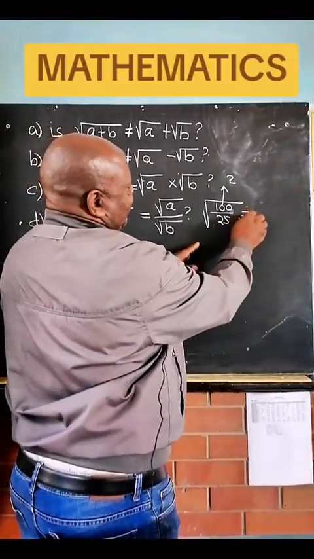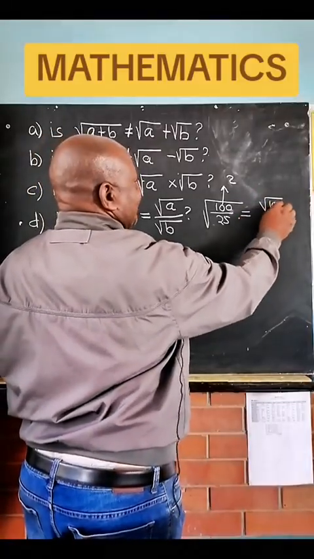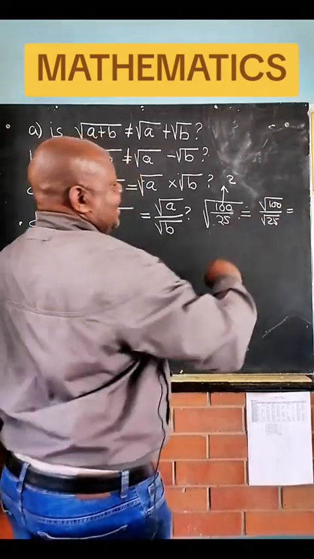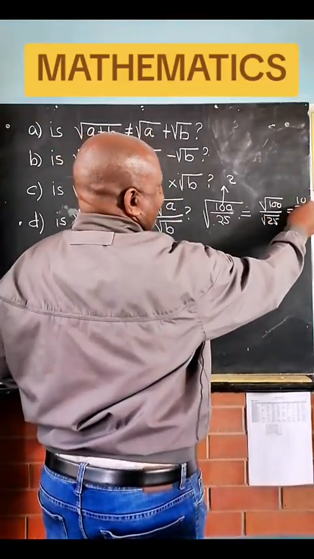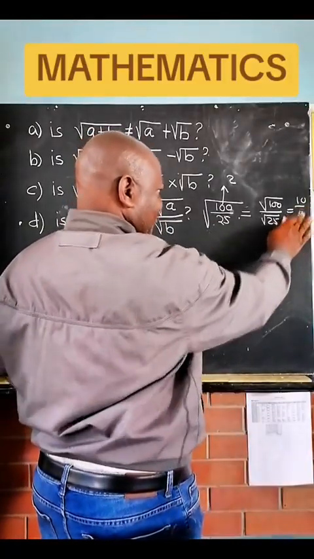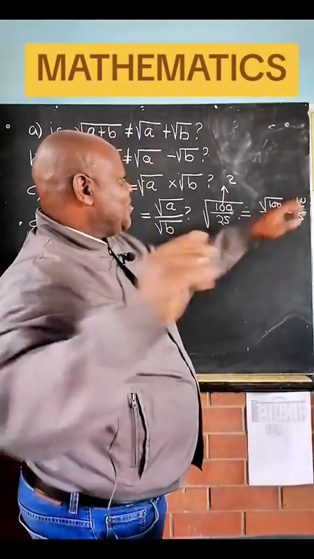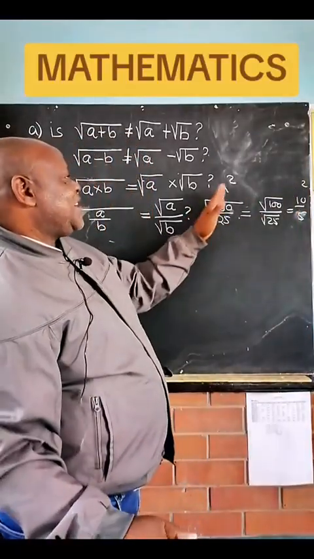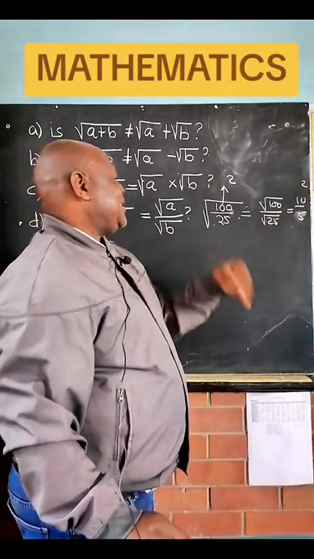Am I going to expect the same result if I say the square root of 100 divided by the square root of 25? Let's see. The square root of 100 is 10, and the square root of 25 is 5. So 10 divided by 5 gives you 2. Wonderful. So the left-hand side is 2, and the right-hand side is also giving me 2. Therefore, this is fine.